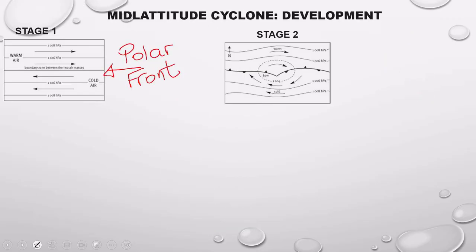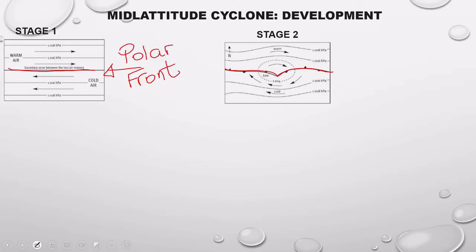Okay. We now move from stage 1, which is the initial stage or the cyclogenesis stage, to stage 2. Now, stage 2 is called the developmental stage. You can also call it the wave stage. You can see clearly the wave there, okay?